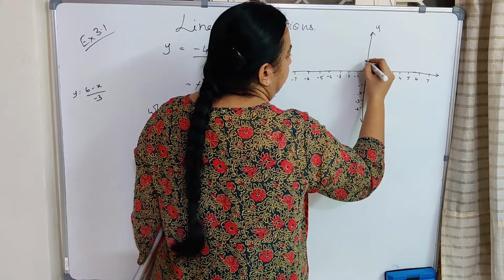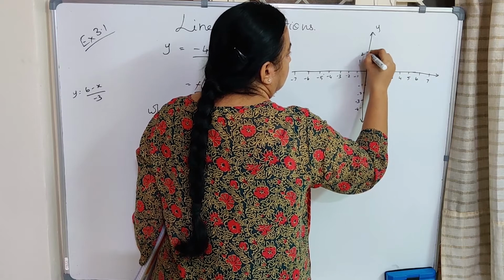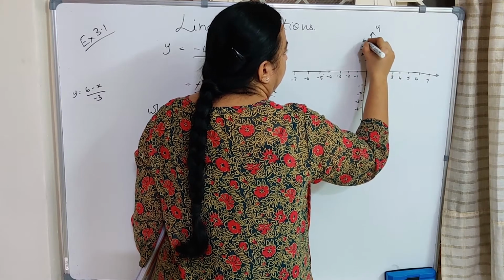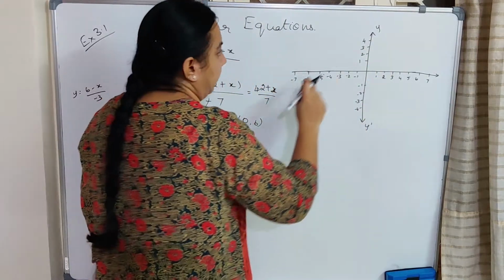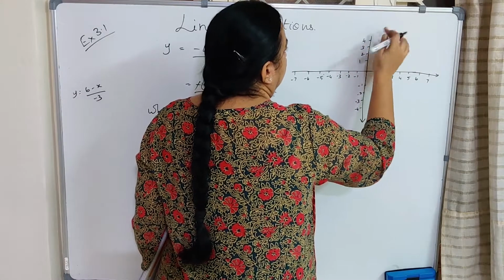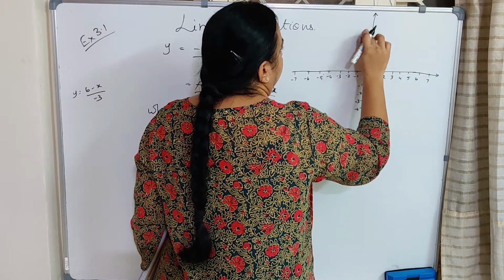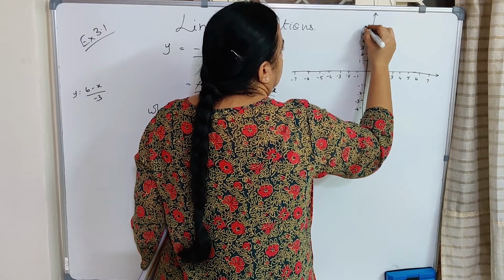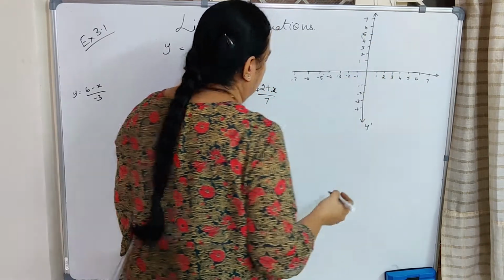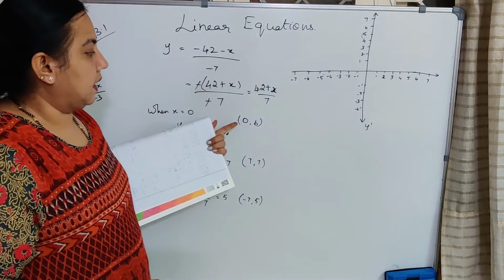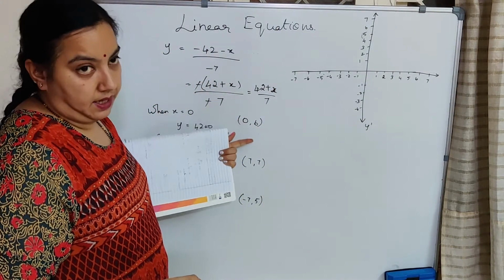If I want, I can extend it later. And here 1, 2, 3, 4, up to 7 we have, so I am extending this line again, 5, 6 and 7.